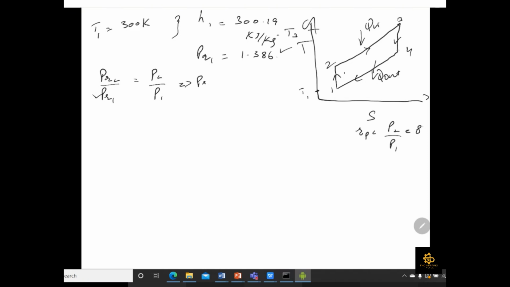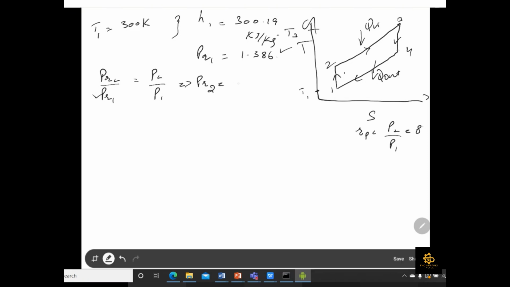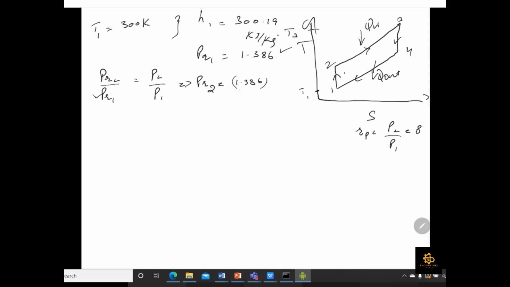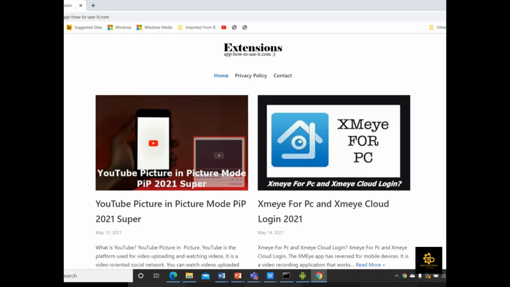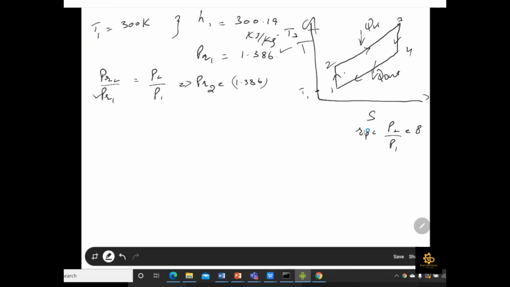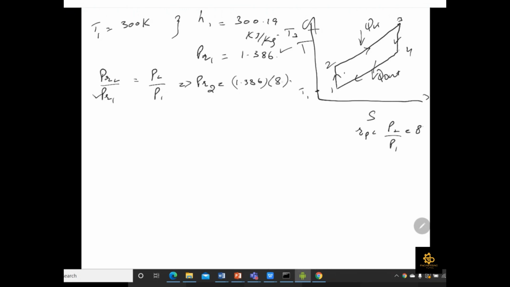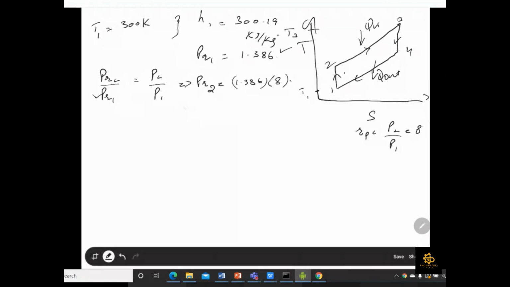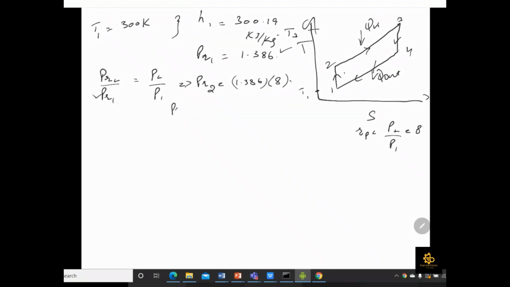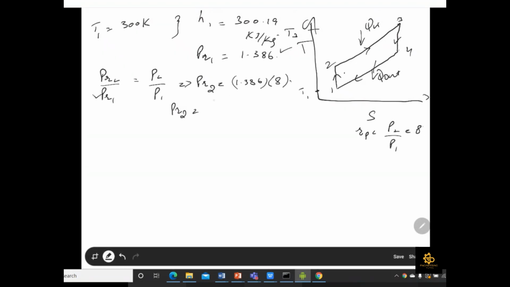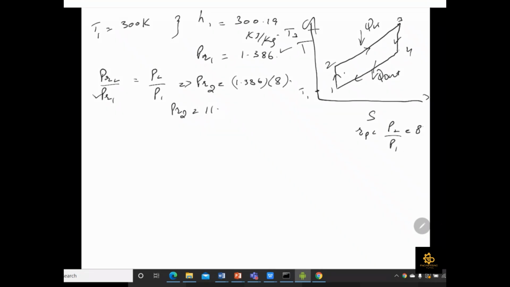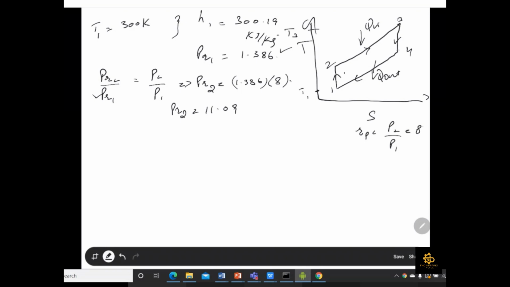So from here we can easily find the value of PR2. With PR1 of 1.386 and Rp value of 8, the PR2 value turns out to be 11.09.